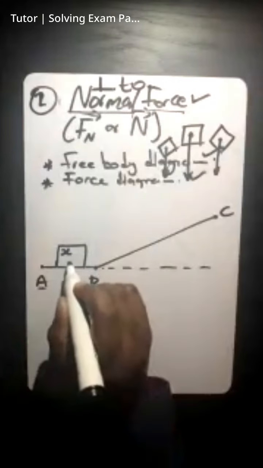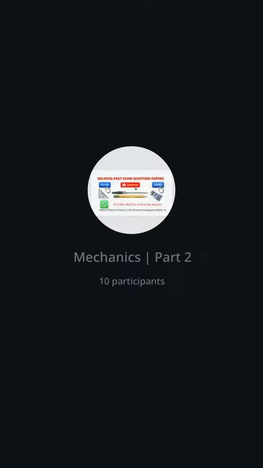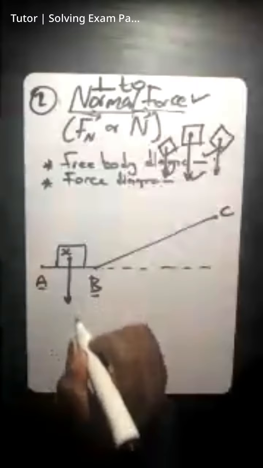Which surface is this? This is a horizontal surface. Because this is a horizontal surface, we are going to have force of gravity directly downwards, and again, we are going to have normal force, force N.